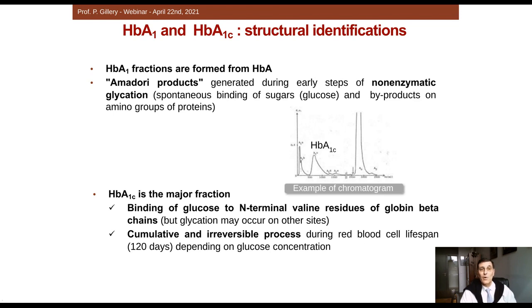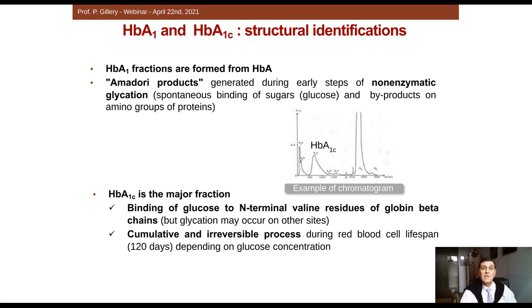They are also called Amadori products since they are formed during early steps of this reaction, which corresponds to the spontaneous binding of sugars and especially glucose and their byproducts on amino groups of proteins.